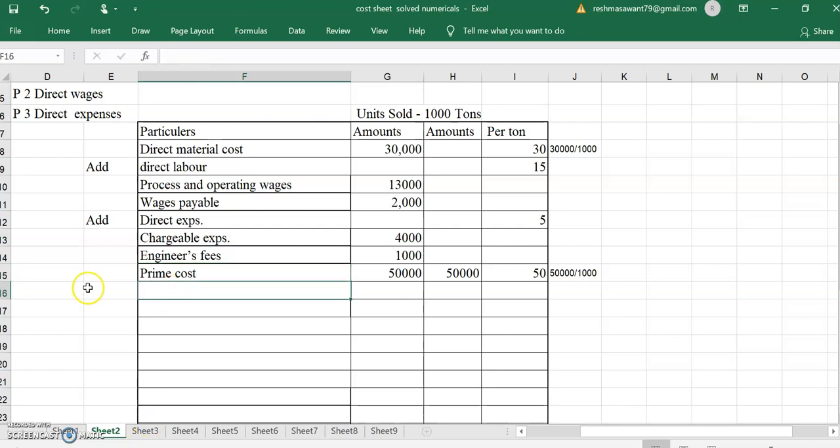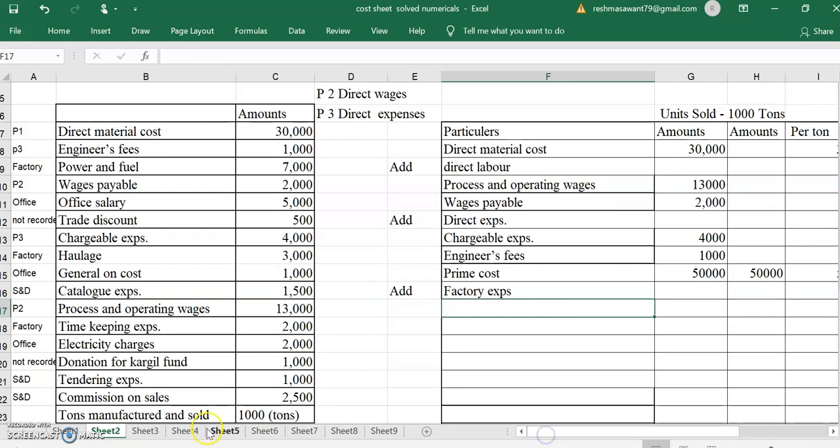Next heading, add factory expenses. Wherever we write factory, we continue with the wording. First heading, power and fuel.